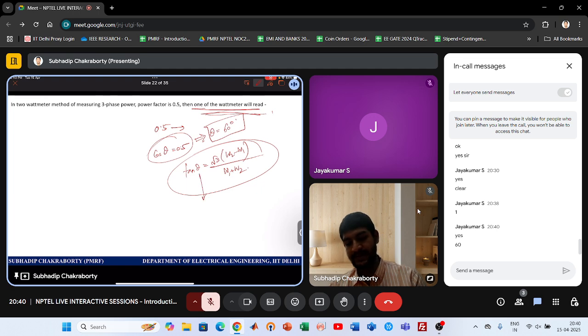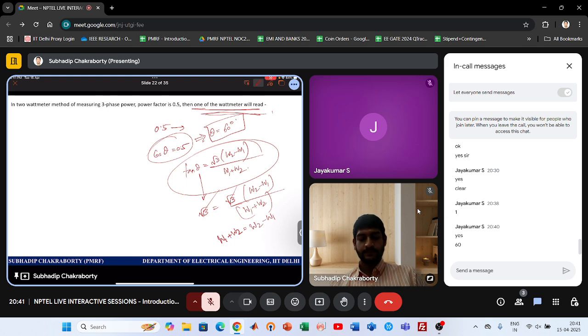So put theta as 60 degree, we get tan 60, which is root 3, equal to root 3 times W2 minus W1 by W1 plus W2. Then W1 plus W2 equals W2 minus W1. Then one of the wattmeter readings is coming 0. So 0, right? These are all easy, right? Just plug into the equation and check.